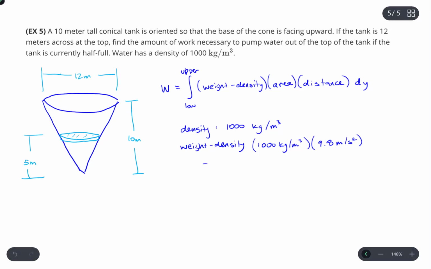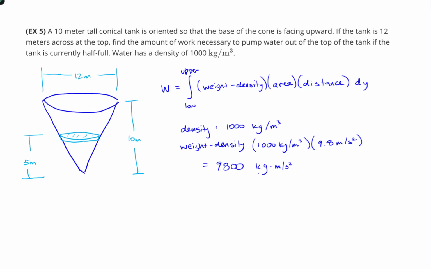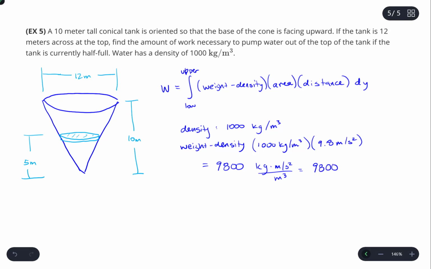So when we multiply, this becomes 9.8 times 1,000, which is of course 9,800. But then we have kilogram meter per second squared, and then that's per cubic meter. Now, I could actually reduce the meter measurement, but I'm not, simply because kilogram meter per second squared is our definition of newtons. So this is newtons per cubic meter, so that's the weight density.